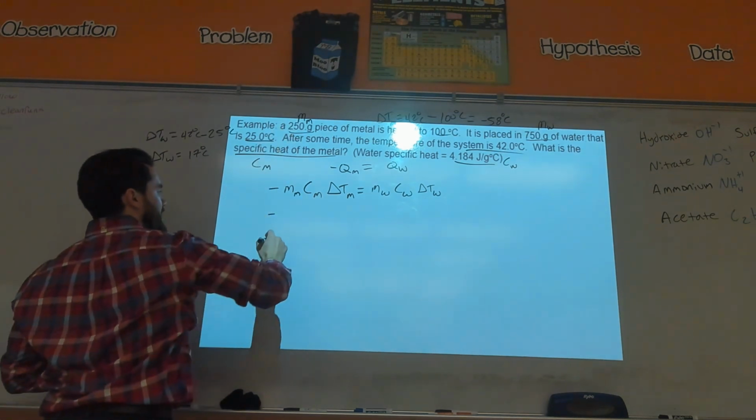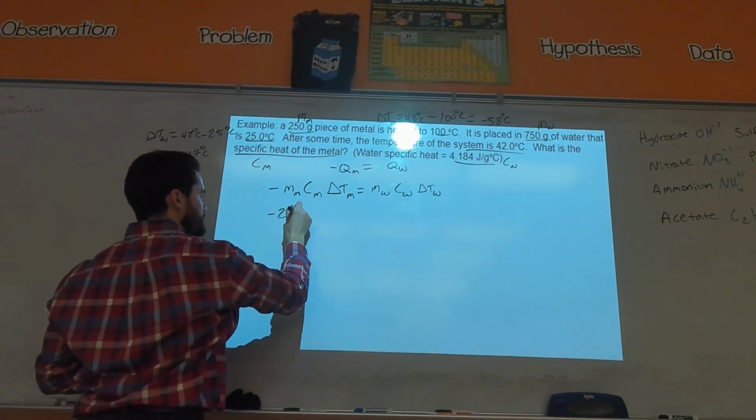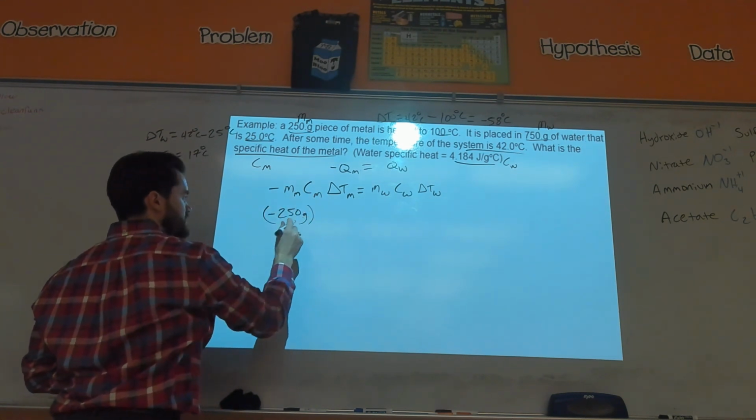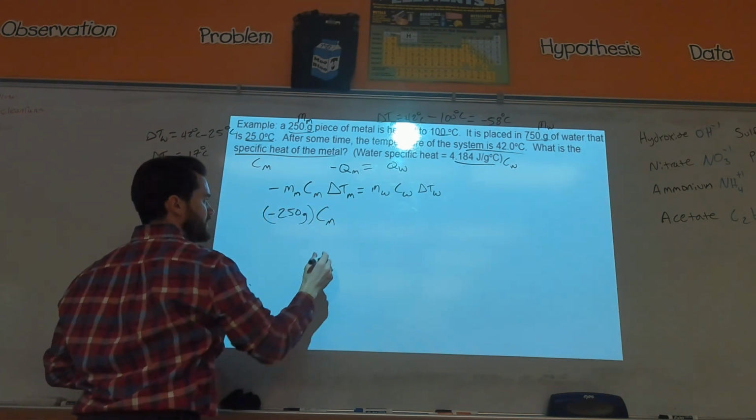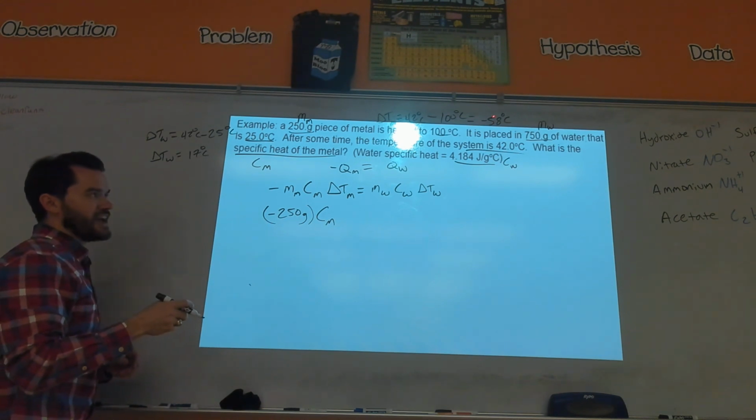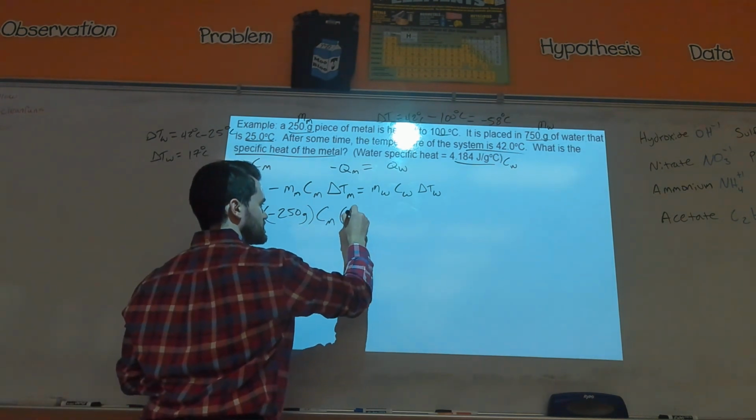So negative, we have 250 grams, C of M, that's our unknown, delta T of the metal is negative 58 degrees Celsius.